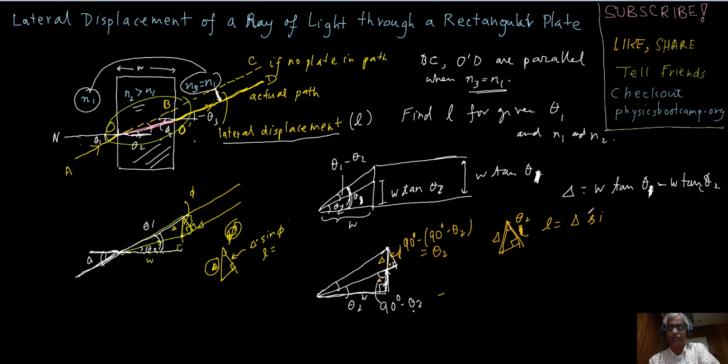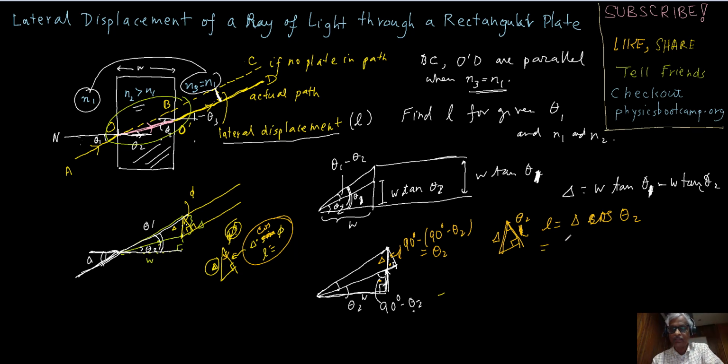Yeah, the L is base, so actually cosine, probably this is base, right? So this angle will be cosine phi, not sine phi. That was wrong. So cosine theta 2.